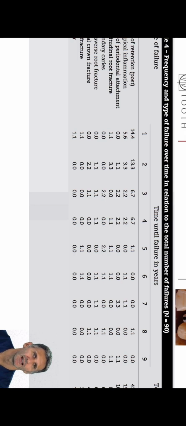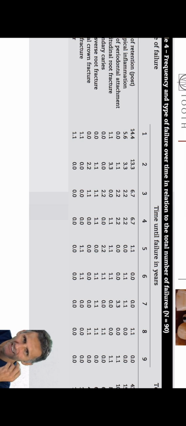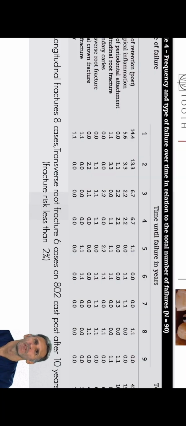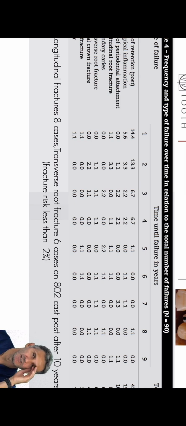And if we look at root fractures, look at the real number at 10 years, but we are talking about teeth with no walls at 10 years. So, on 800 cases, we have just 8 longitudinal fractures, 6 transverse root fractures on 800 cast posts.